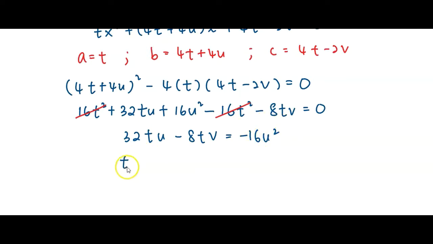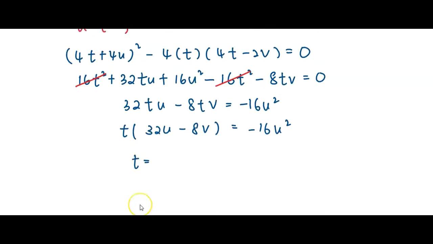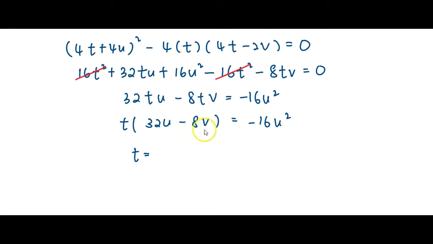So factor out the t, you get 32u minus 8v, equals negative 16u squared. So in order to write the t in terms of u and v, I'm going to divide both sides by 32u minus 8v.